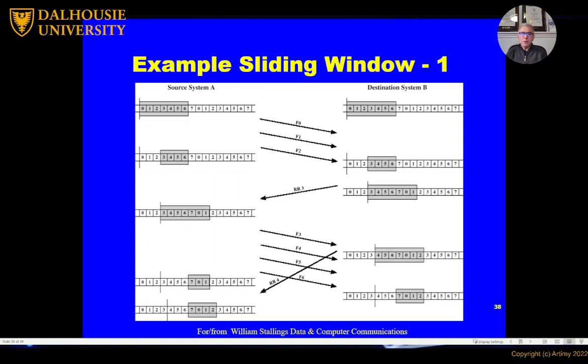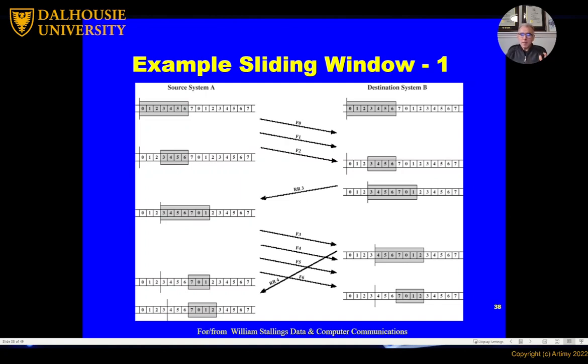The only thing that you have to keep in mind, and I suggest that you remember this, is that you always have no more than 6 or 7, depending on the window size, no more than 7 frames out there without an acknowledgement, right?